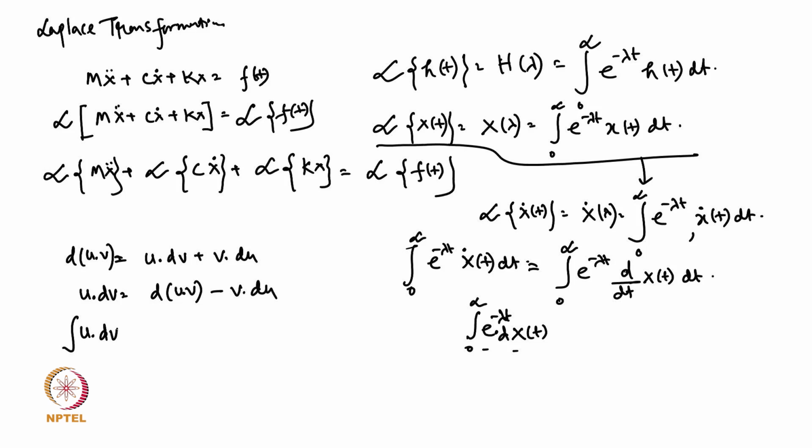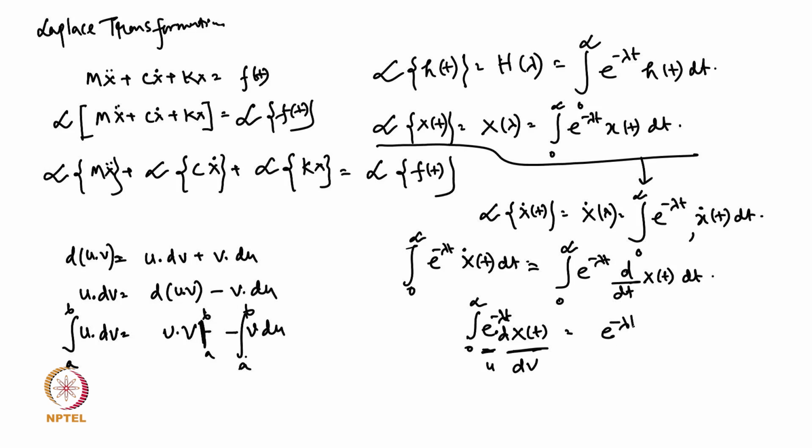Integrating both sides, I get u into v minus the integral of v into du. If I do the integration with limits a to b, it becomes a to b for each term. Here, similarly, let's say e to the power of minus lambda t is my u and this is my dv. So then what can I write?